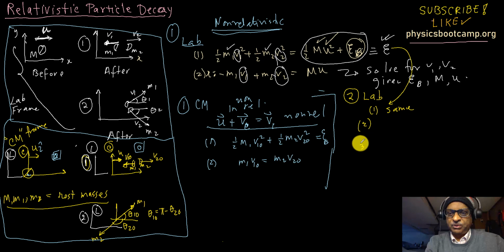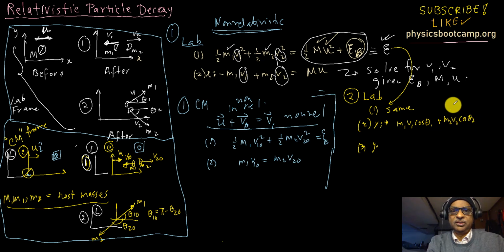We have an equation along the x and along the y. So along the x we have m1 v1 cosine theta 1 plus m2 v2 cosine theta 2. So that's the left side.